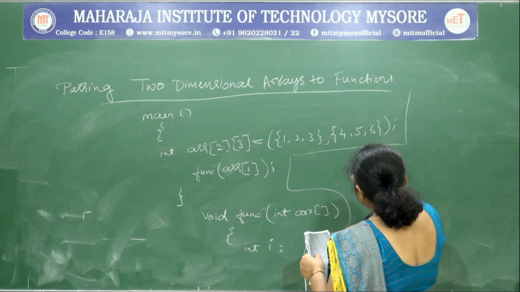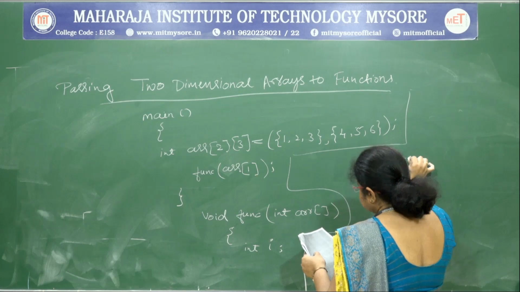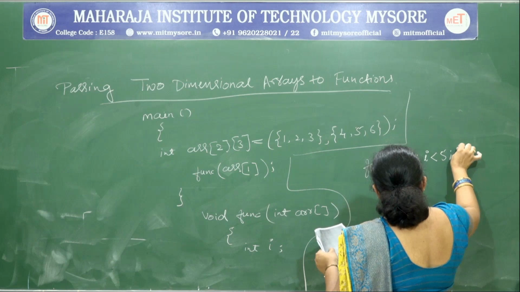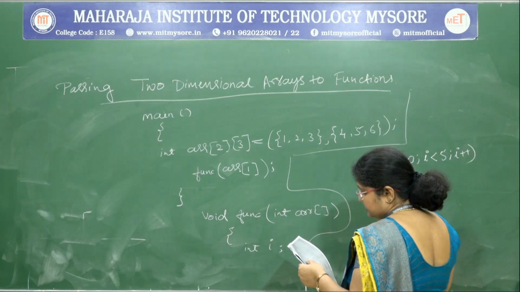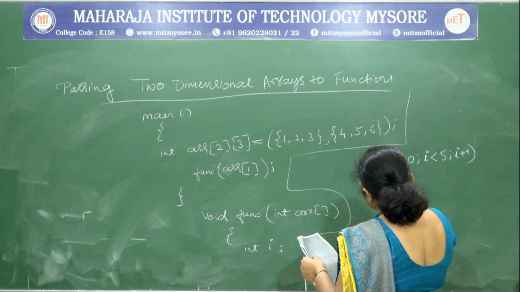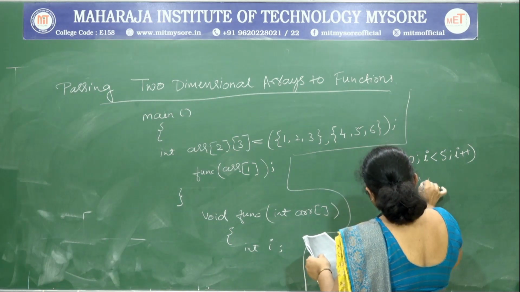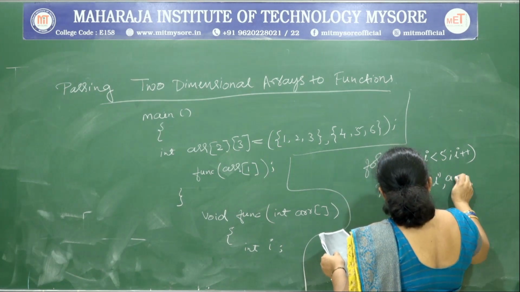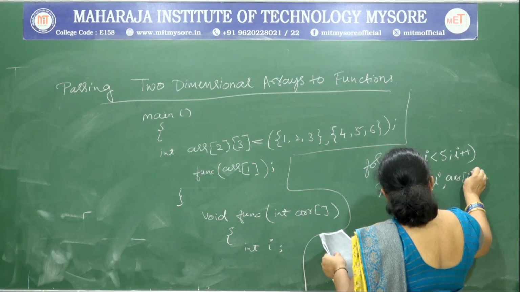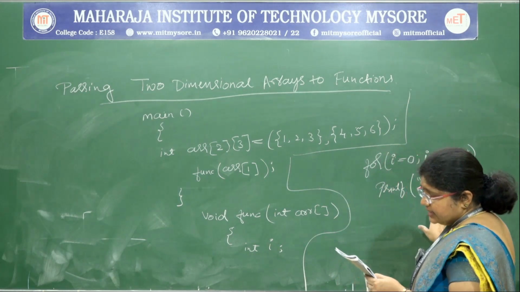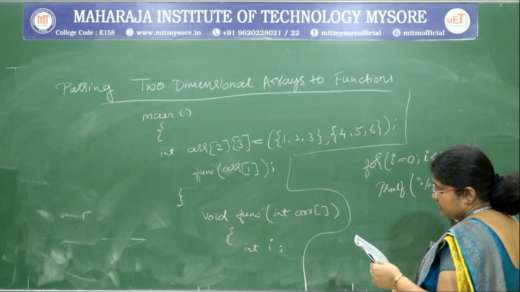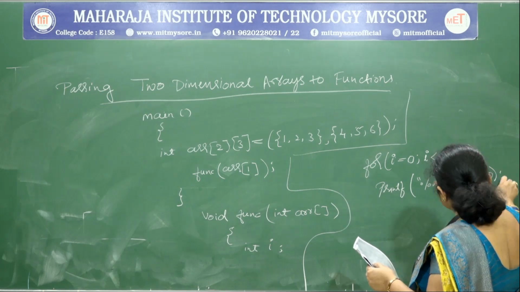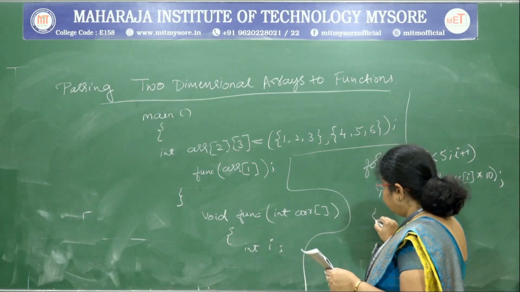Now the for loop: for i equal to 0, i less than 5, i plus plus, printf %d, array of i is indicating the first row elements. Those first row elements will be multiplied by 10 and printed.